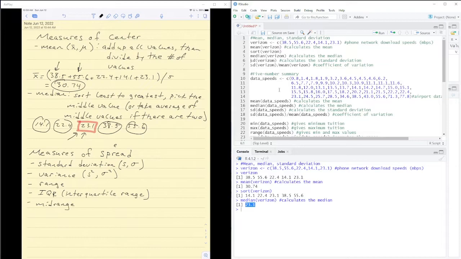So your mean is more sensitive to changes in your data set than the median. So take that into consideration when you decide which measurement to use for whatever reason. If your data is very skewed one way, maybe the mean doesn't make much sense, but maybe the median makes more sense. Or if you have a lot of outliers or very, very high or low outliers, then that will impact the mean a lot, whereas the median won't be affected regardless of how high or how low the outliers are.